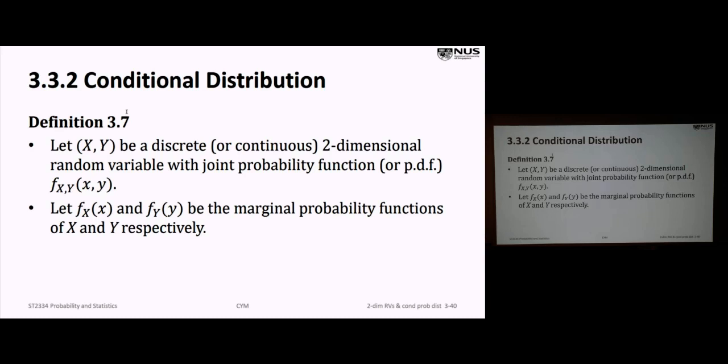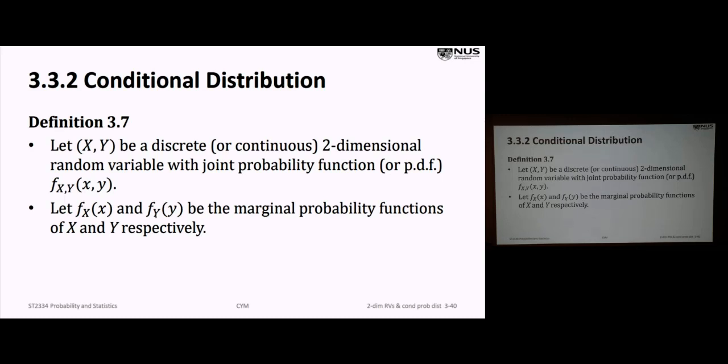Let X and Y be discrete or continuous two-dimensional random variables with a joint probability mass or density function, and let f sub X and f sub Y be the marginals, exactly those quantities we were investigating in our previous two examples.